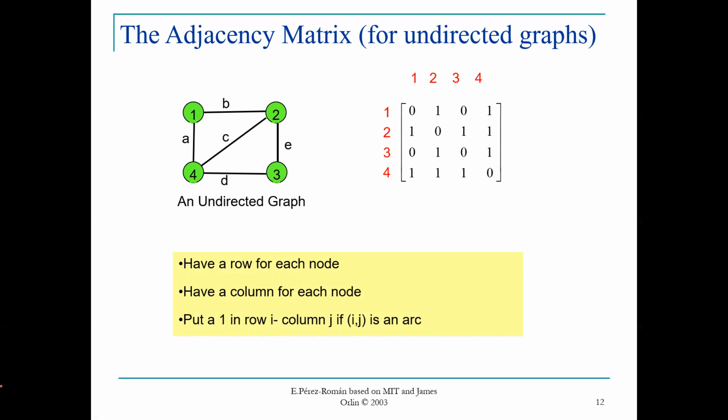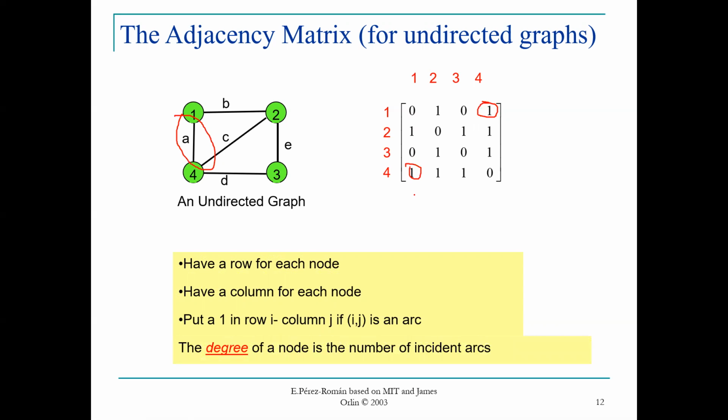If you look at the arc between 1 and 4, (1,4) has a 1, but also (4,1) has a 1. Each arc will have a representation in the matrix, and you have to represent both directions. So that is the major difference between this one and the previous one.